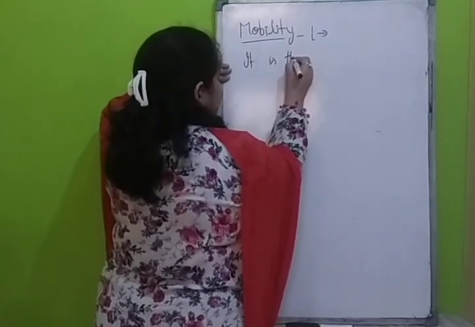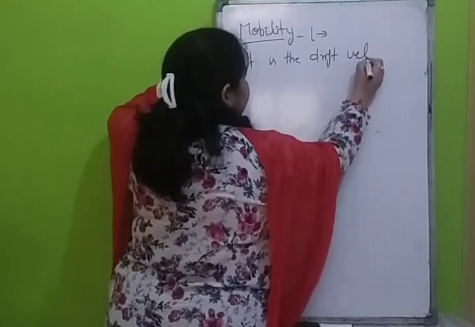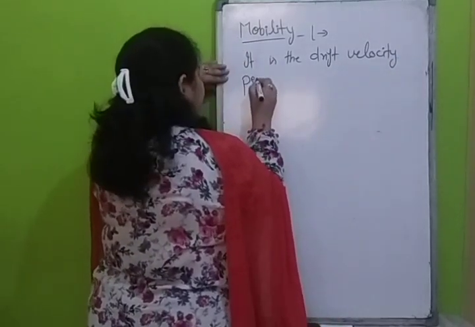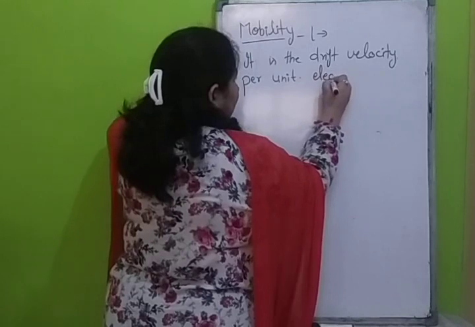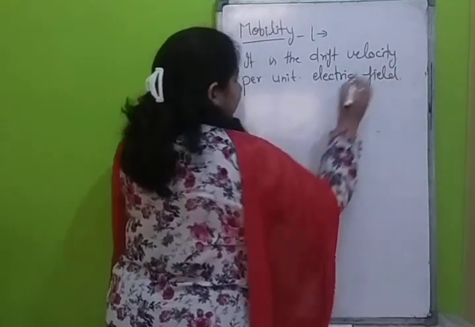It is the drift velocity per unit electric field.